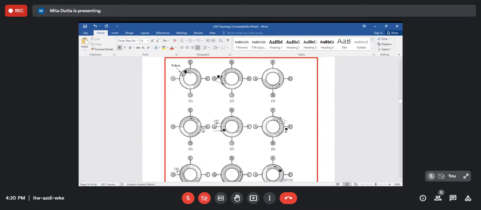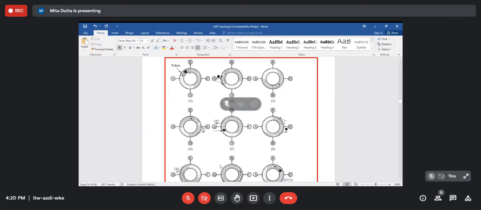Its size will be less than the size of the data frame that carries the information, which we call the MAC frame.